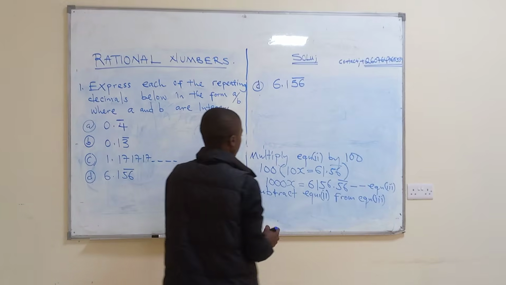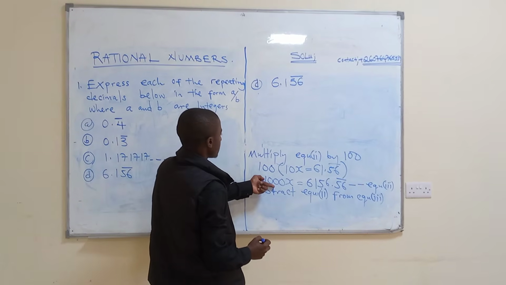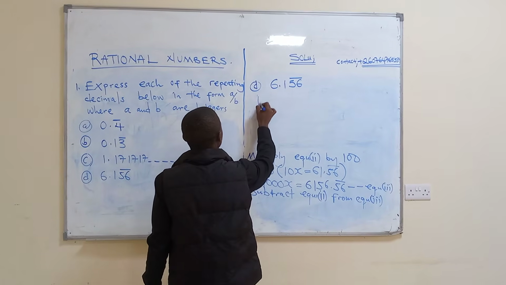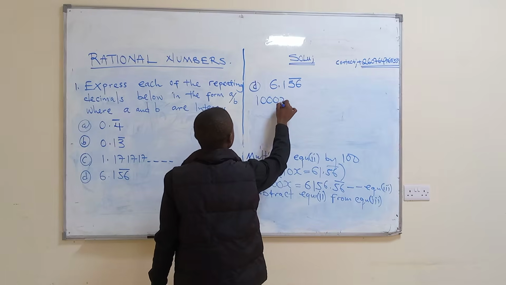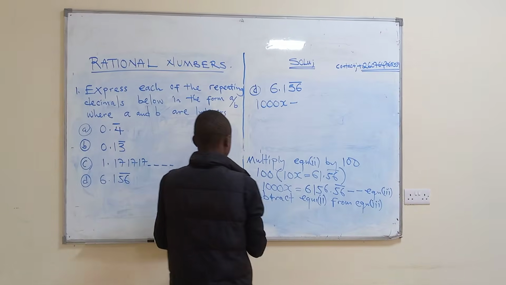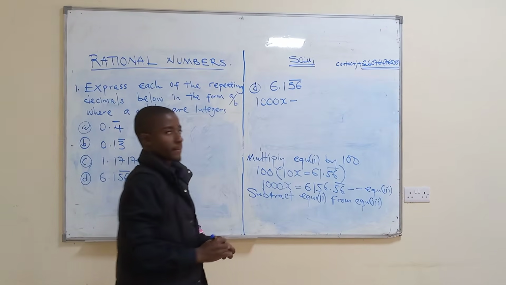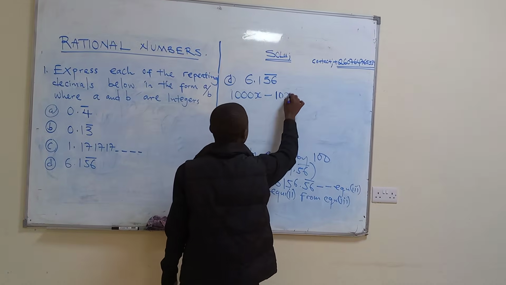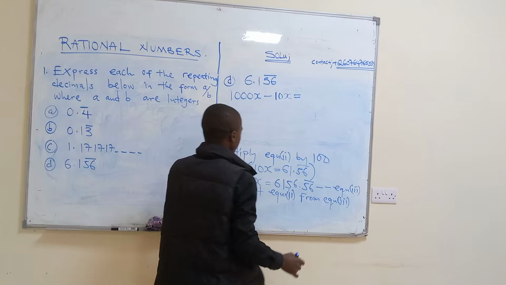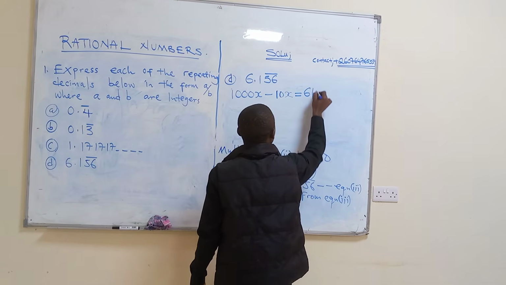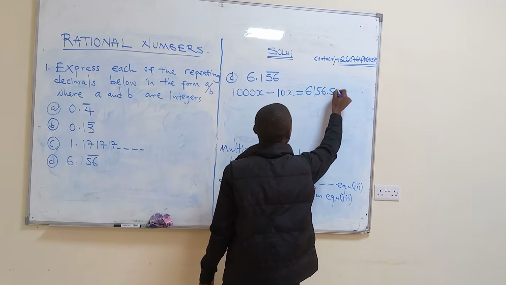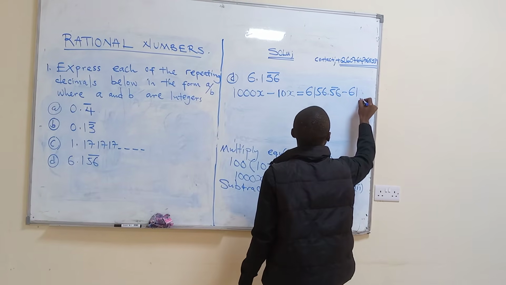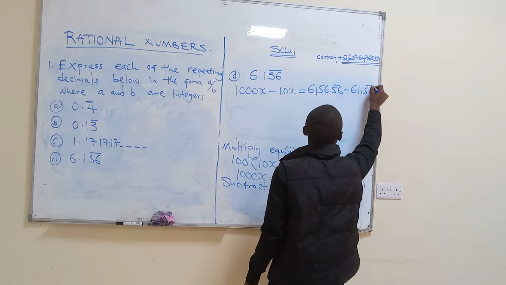So from there, I'm going to get 1000x minus 10x is equal to 6156.56 with a bar minus 61.56 with a bar.